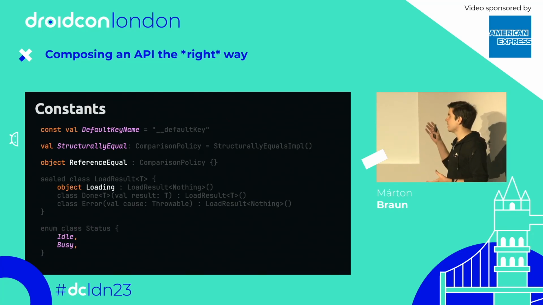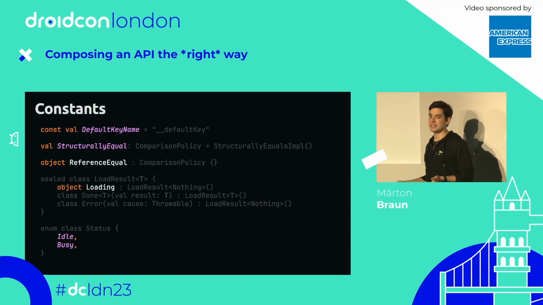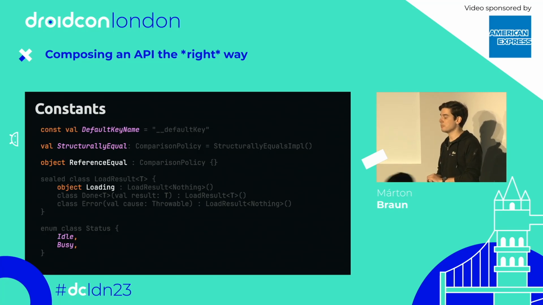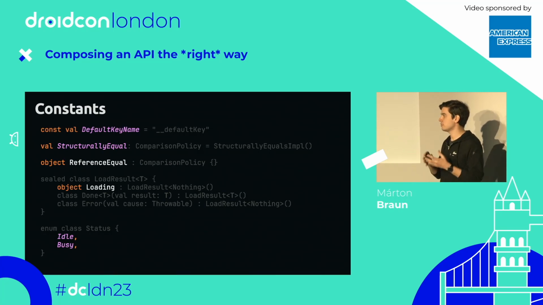So the idea behind this consistent naming convention is that you shouldn't care about the implementation details of that constant. The important part is its behavior, which is that it should be a constant value over time, like a stable value, always the same reference. And then the implementation in detail can be whatever.